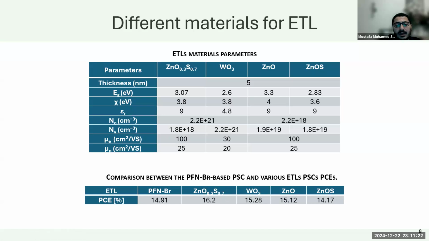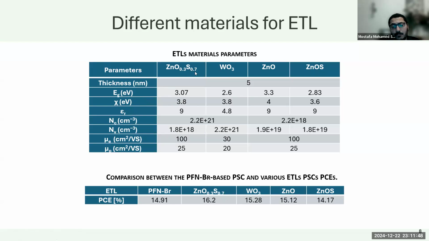We can expect these results from the material parameters. For this material and this material, the electron affinity is 3.8, which is very close to the optimum for this cell, which was 3.82.